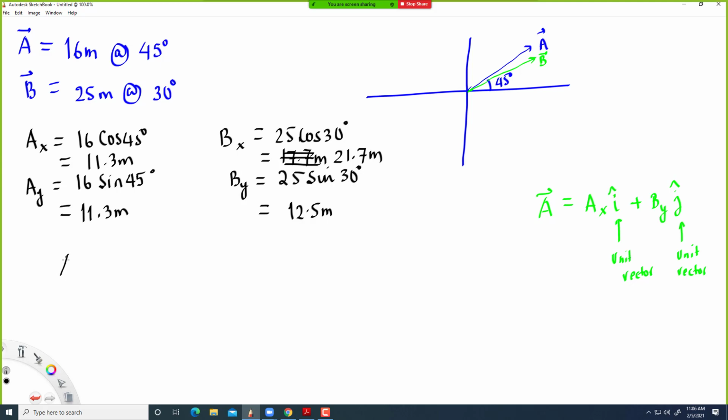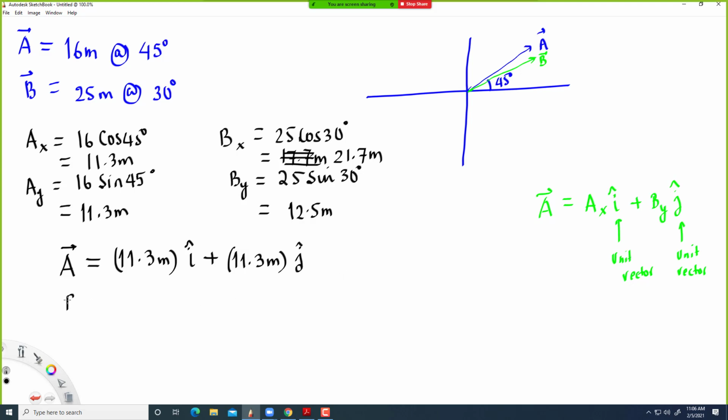Now we can write A in terms of components. So ax is 11.3 meters. This is along x direction, so i hat. Ay is 11.3 meters. This is along y direction, so j hat.